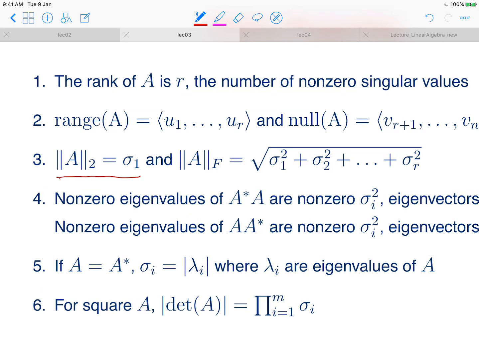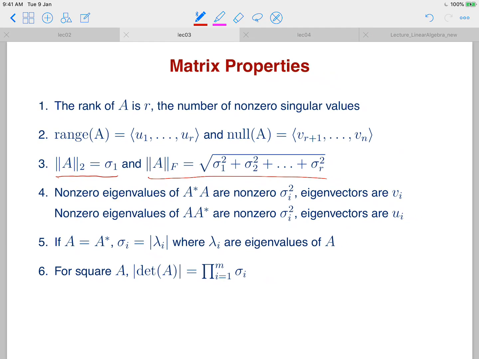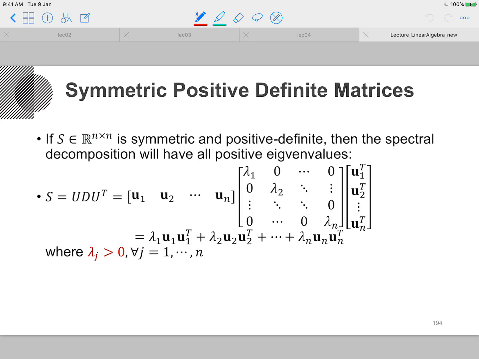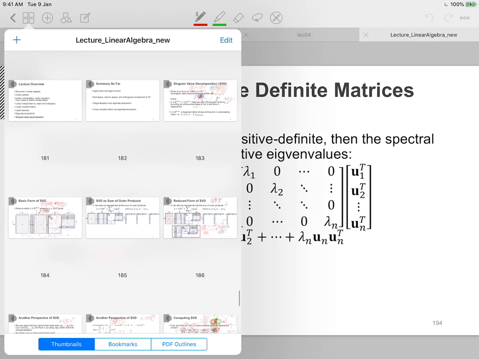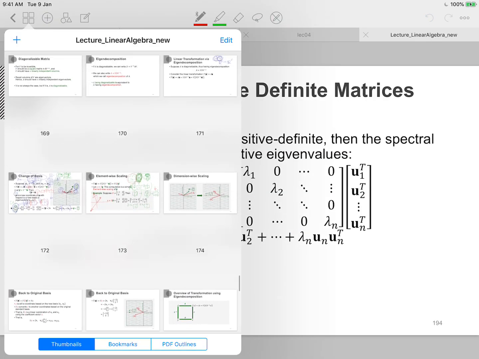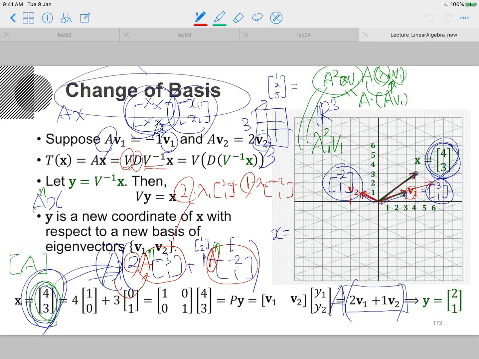And yeah, in terms of their 2 norm and Frobenius norm, it has this interesting relationship. Okay, and then let's also think of the matrix transformation perspective. So I'm just going to discuss this thing that we have studied a lot, right?